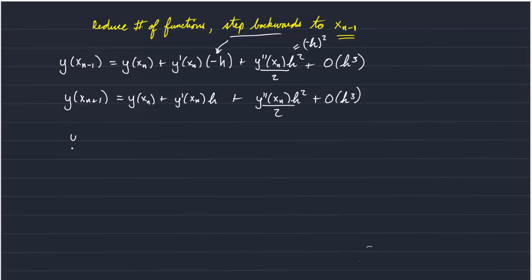So we have y x sub n plus 1 minus y x sub n minus 1, and we're also going to eliminate the first term, the solution at x sub n, and we'll get the difference being y prime x sub n times h, and it's multiplied by 2, because if we subtract a negative number, it's a sum.